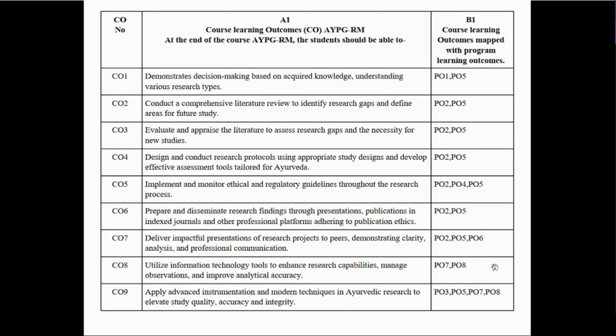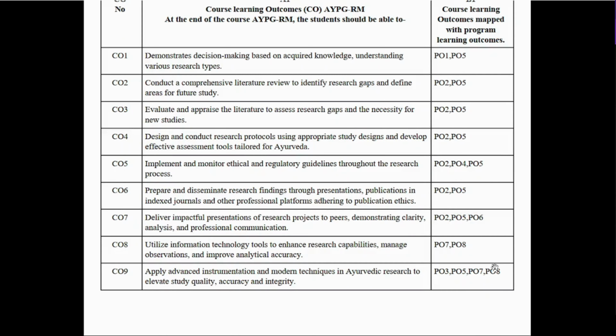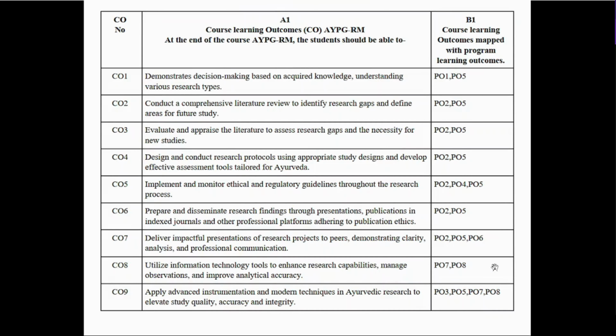After the end of the whole research methodology course, or after the end of biostatistics, what is the expectation from a PG student at the end of first semester, what they should be able to understand. You can go through these points, and there is nothing more to look into, just for the overview or just for the sake of understanding how the syllabus is written. That is the reason we are explaining these things to you.